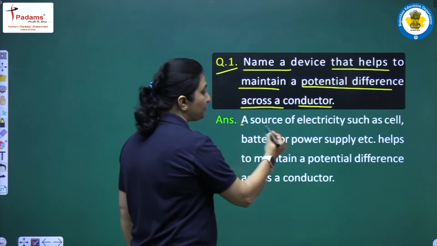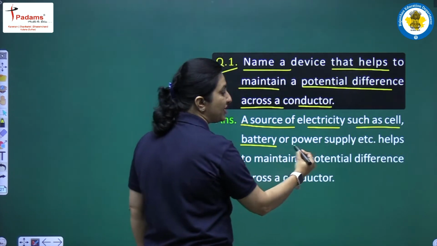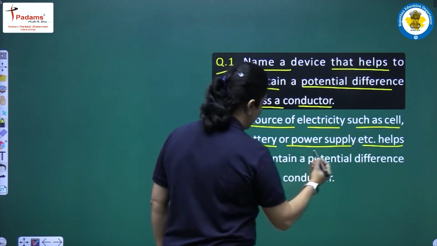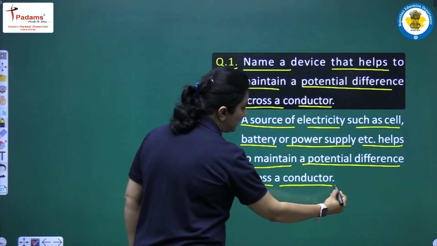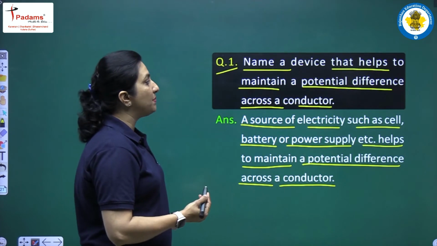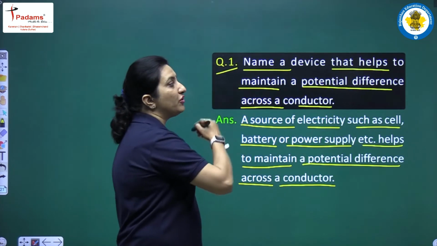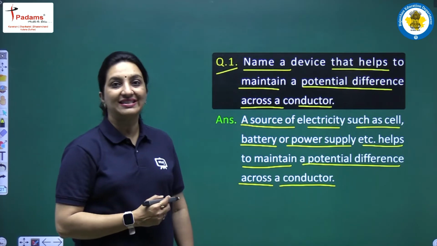So students, a source of electricity such as cell, battery or power supply etc. helps to maintain a potential difference across a conductor. So students, the cell, the battery or the power supply are the names of the devices that help to maintain a potential difference across a conductor.